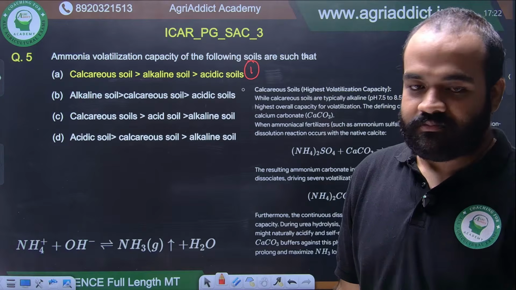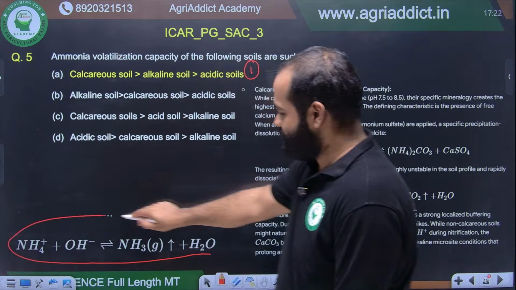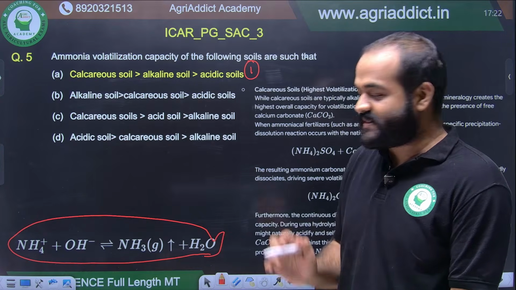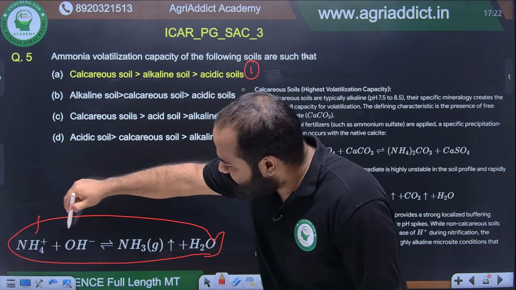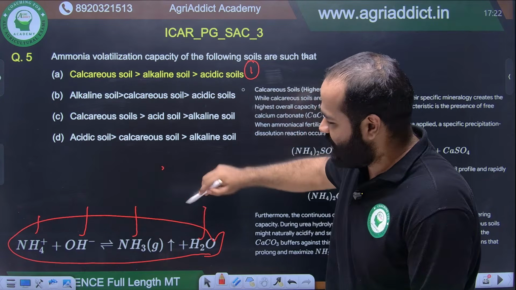अब this equation, I don't think anyone needs, like किसी को बताने का जरूरत नहीं है. This is the simple equation of ammonia volatilization. Ammonium ion है, उसके साथ OH minus जुड़ रहा है, तो ammonia हो रहा है प्लस वाटर हो रहा है, right?